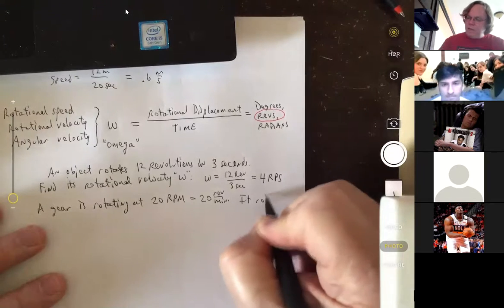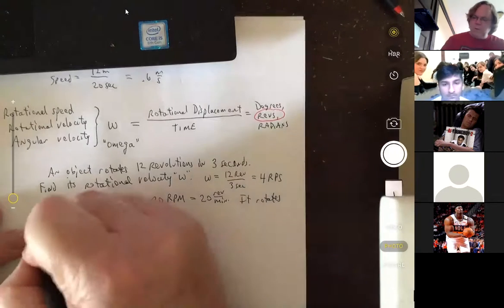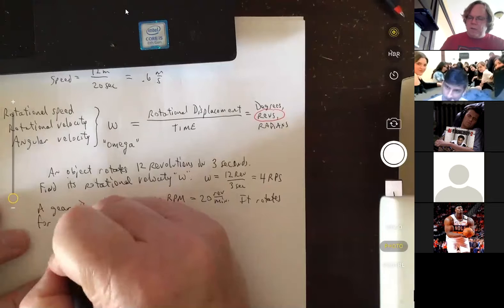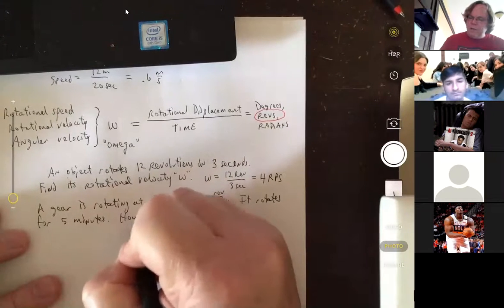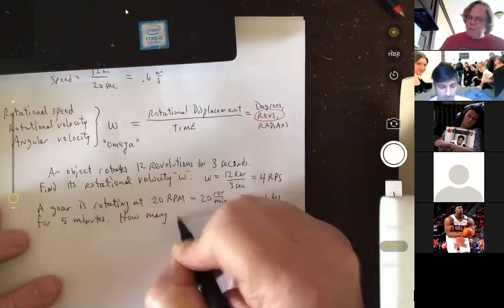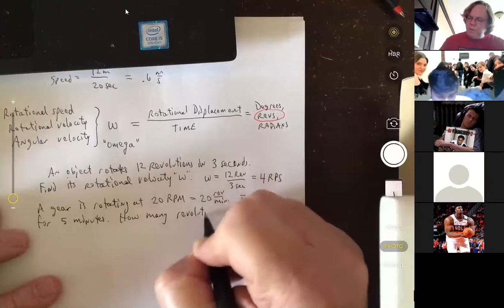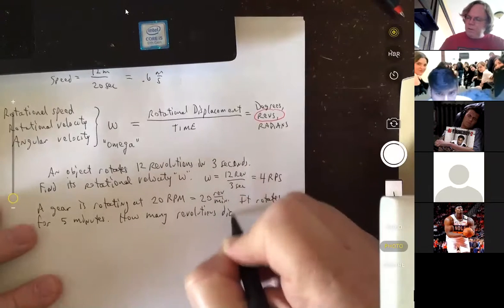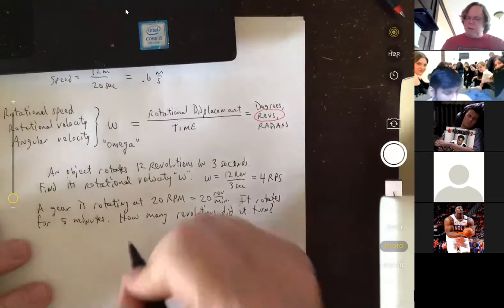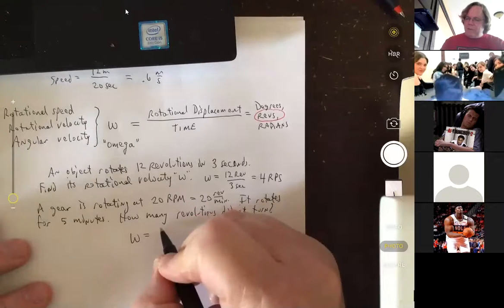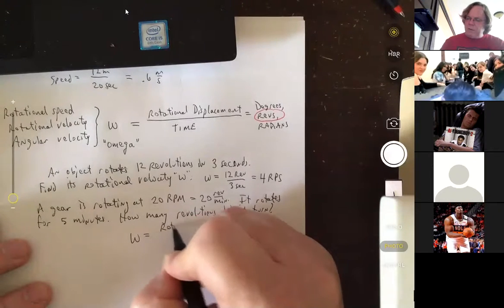It rotates for 5 minutes. How many revolutions did it turn? And again, you can always start off with omega equals the rotational displacement.